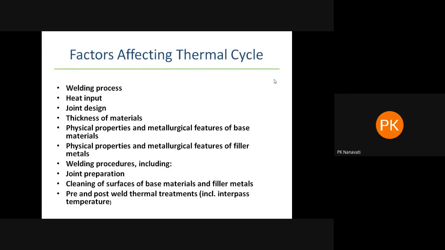Then the physical properties of the base metal and filler metal, and the welding procedures, joint preparation, and obviously the cleaning of the base metal and baking of the filler before welding, and the pre and post weld heat treatment, right?